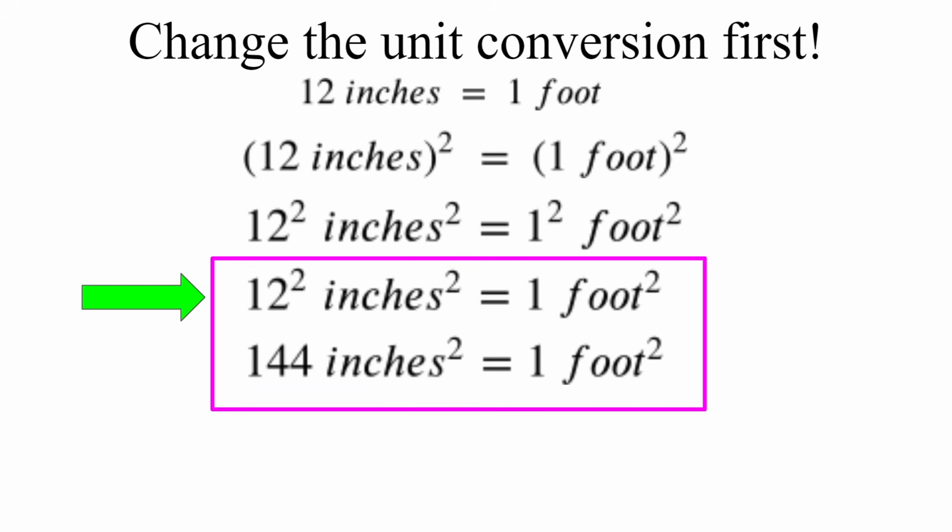For the sake of consistency, I'm going to use this top one. Just do whatever works for you. If you want to quickly type the decimal in and square it on your calculator before you move on, that's fine. Just pick one and stick to it. So we now know that there's 12 squared inches squared in a foot squared.